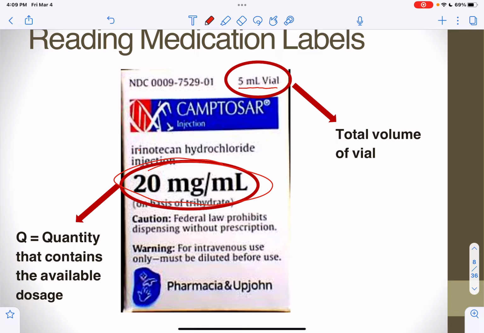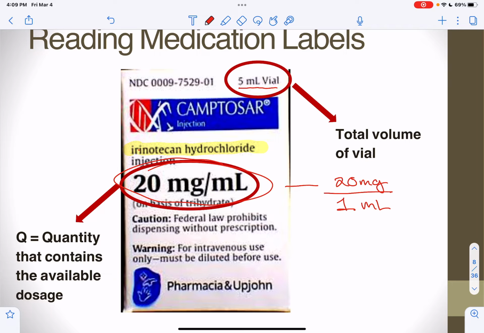That's the medication name right here. So there's 20 milligrams of that in each milliliter, per 1 ml, right? So we can think of this as 20 milligrams in 1 milliliter.